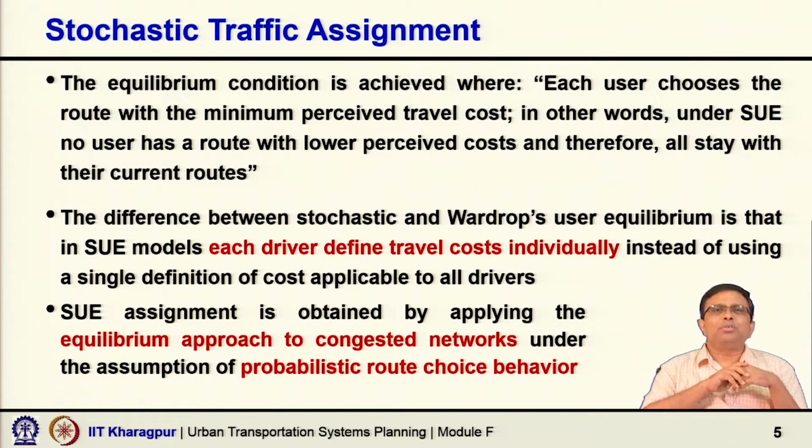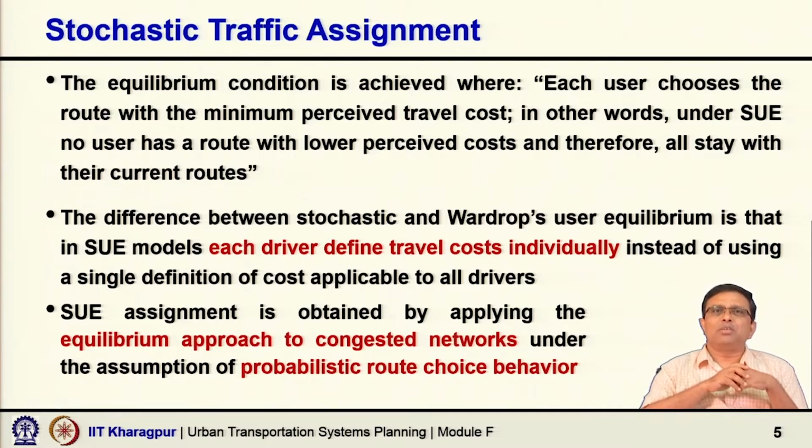So, the difference between stochastic and Wardrop's user equilibrium, as I said, is that in SUE model each driver defines travel costs individually. Please carefully note this word individually, instead of using a single definition of cost and value applicable to all drivers.